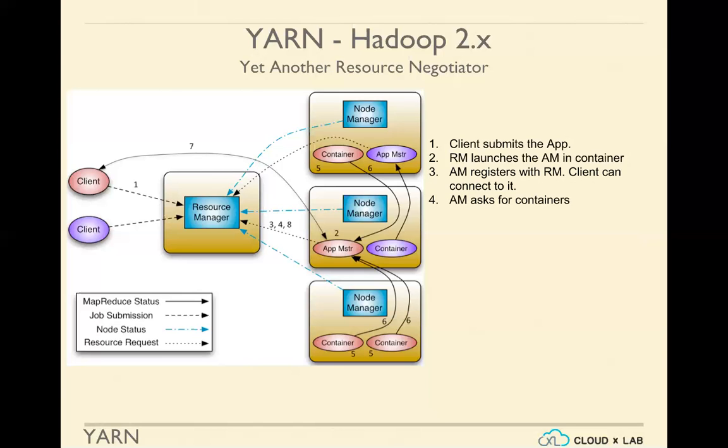Afterwards, the application master does some analysis, and based on that analysis, it requests the resource manager for further containers. So you can see that the application master is behaving like a head office, who does everything on behalf of the client. Then the resource manager allocates the containers, and the node manager launches these containers.